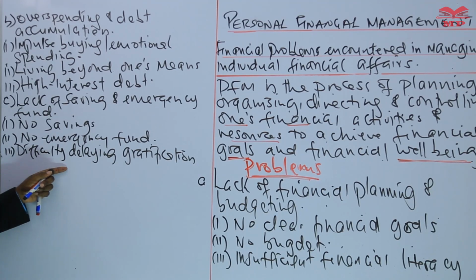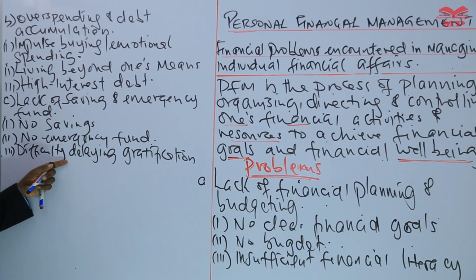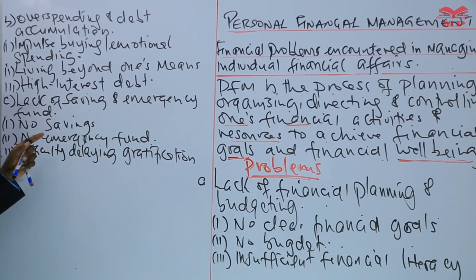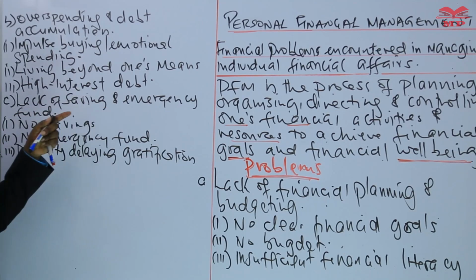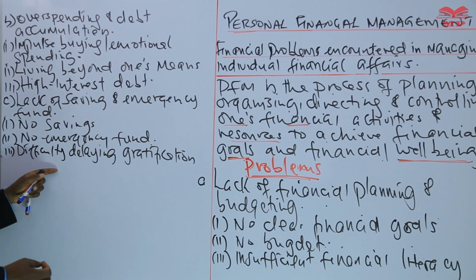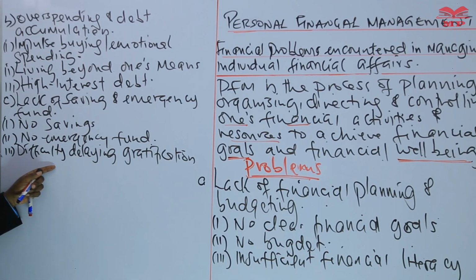We've seen individuals in our society who spend all the money to meet current needs. There are people I know who can spend their whole salary on beer because they have to gratify the need for getting high or getting drunk. And that can lead to lack of saving and emergency fund, because savings can only be set aside out of our income.